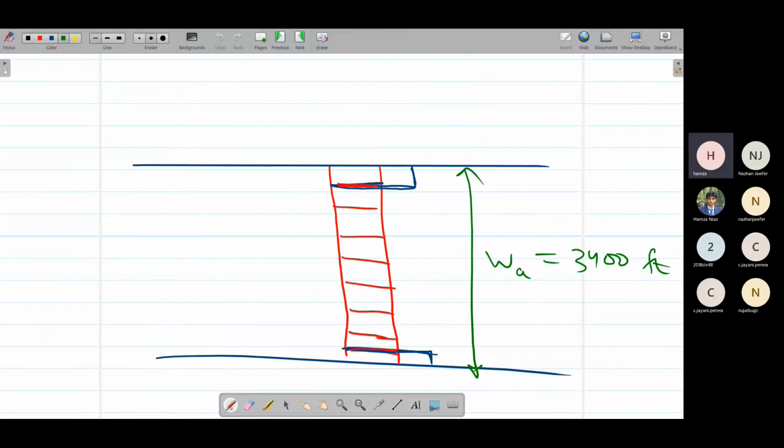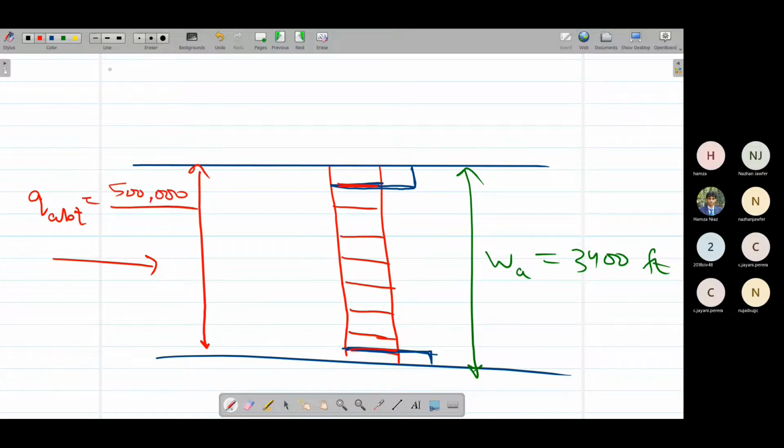And we have to calculate discharge also. So here we'll get Q abutment, that is discharge per unit width between the abutments. Q would be 500,000. As we know, discharge per unit width is Q over B. So here the B value would be 3,385, what we calculated here.